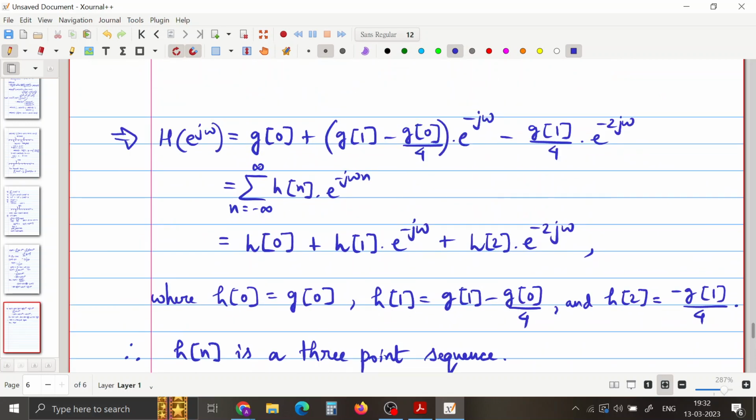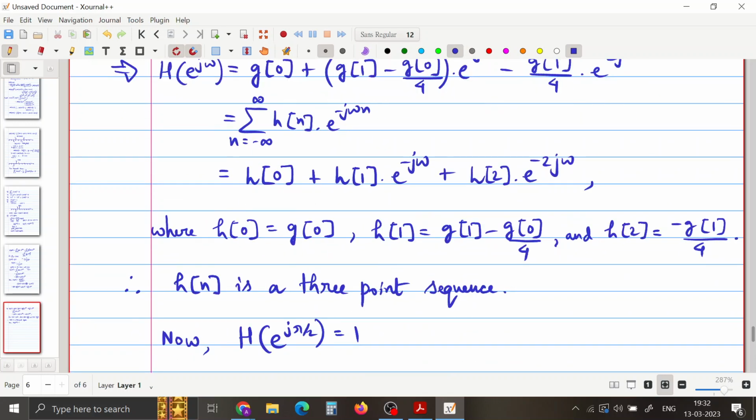So if we just put omega equals pi by 2 here, let me label this equation 1.